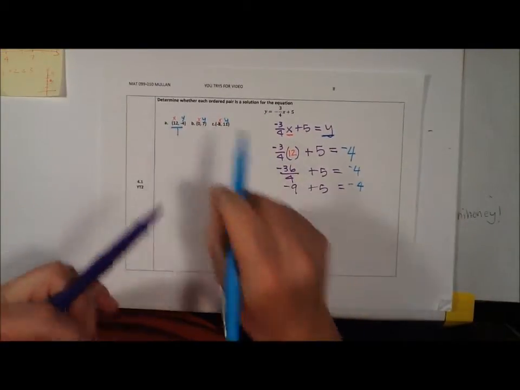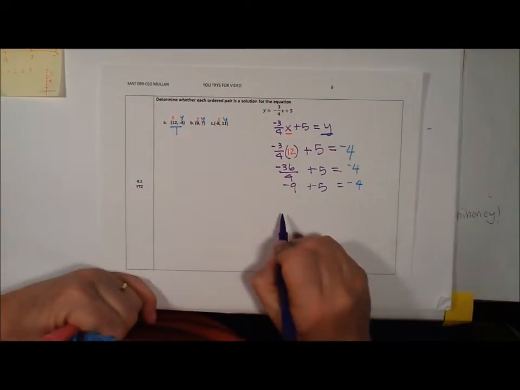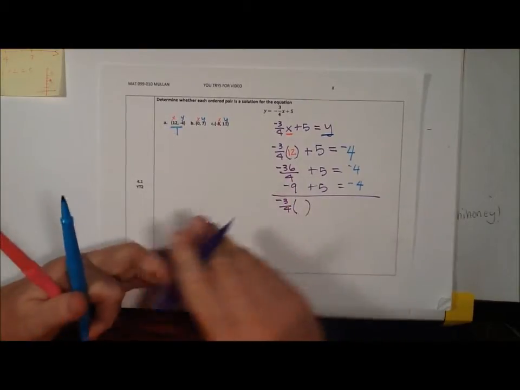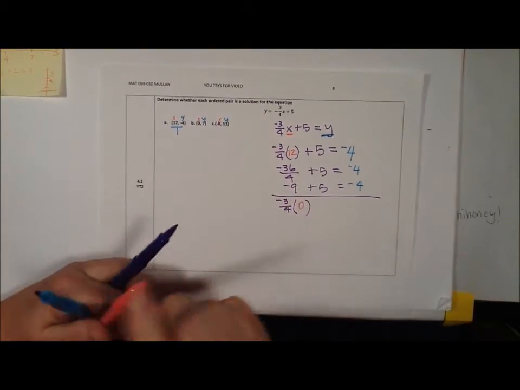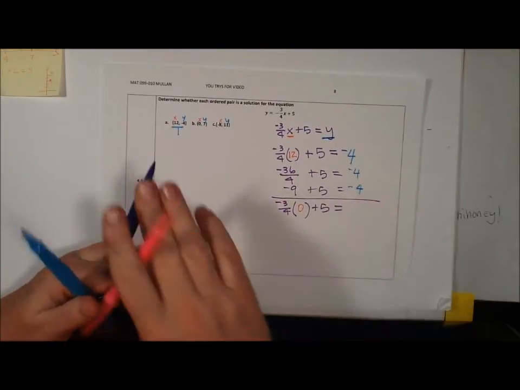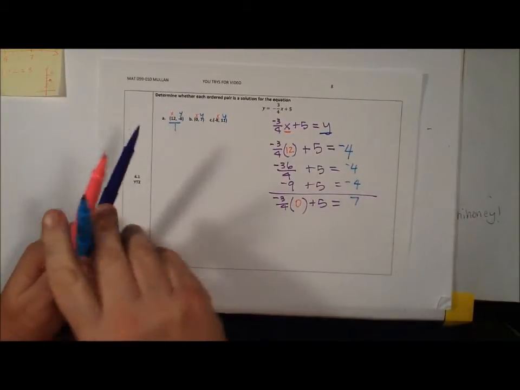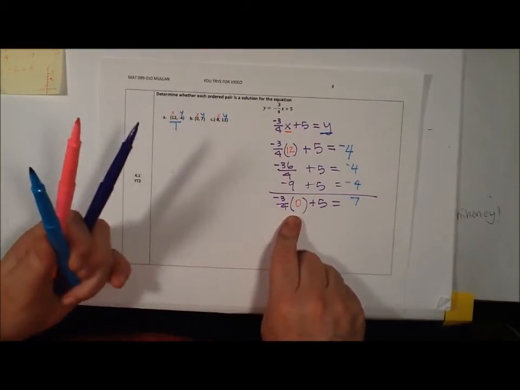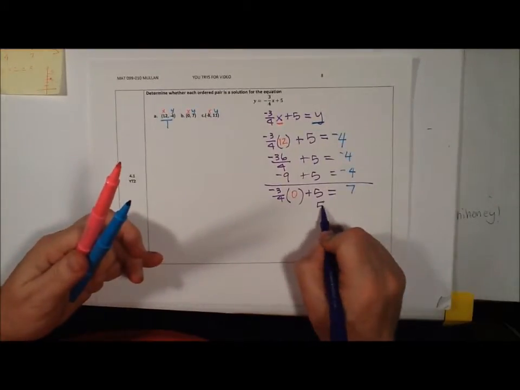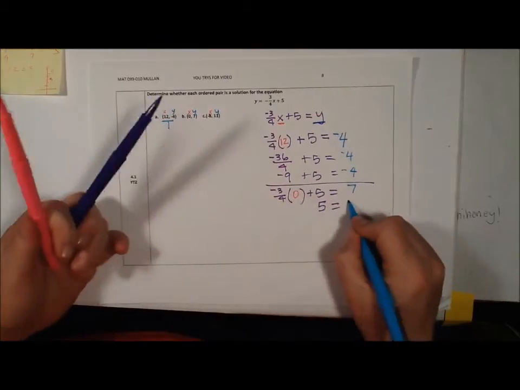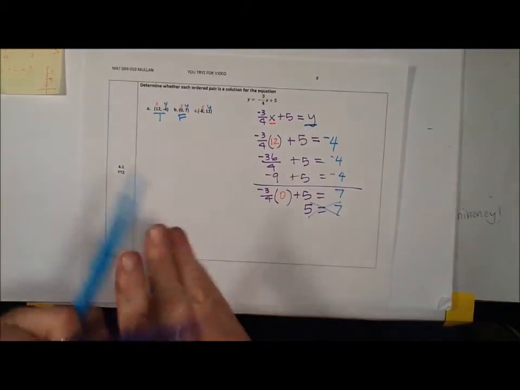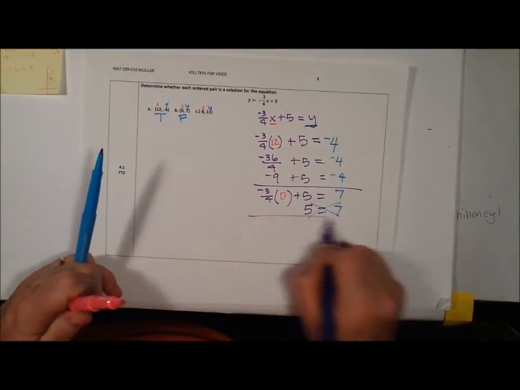So my first one is true. Let's see if my second one is. -3/4 times 0 plus 5 equals 7. So here, negative 3/4 times 0 is just 0. So this is trying to tell me that 5 equals 7. And that's not true.